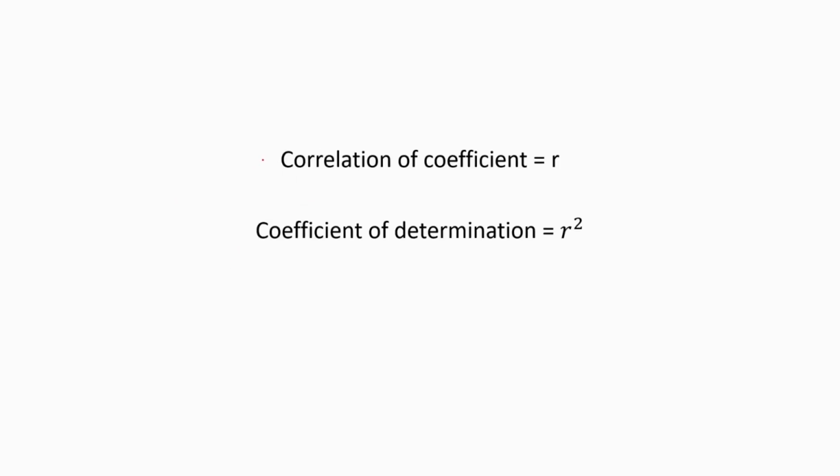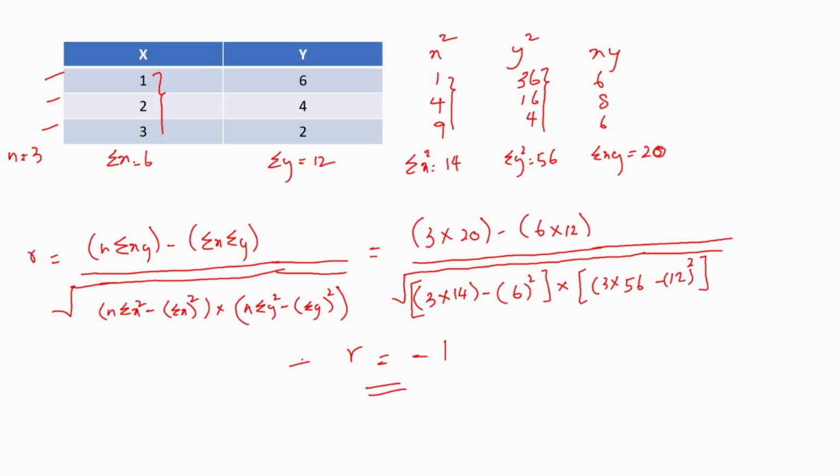As we discussed earlier, R equals the correlation coefficient. Now we have learned the coefficient of determination, which is R squared. Let's find the coefficient of determination for the previous example. For this one, the correlation coefficient is R equals minus 1.